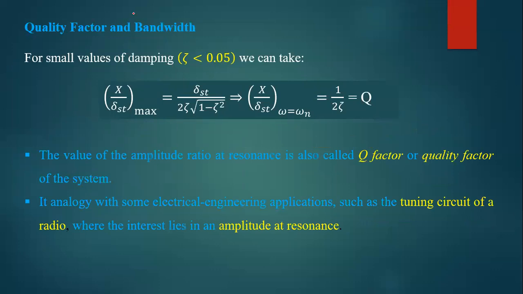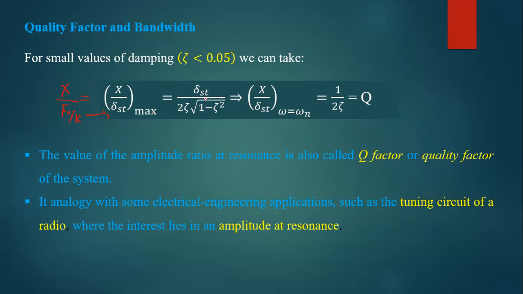When we talk about quality factor, we consider a small value of damping, for example zeta less than 0.05. Then x over x static, where f naught over k represents delta static, the static deflection of the system, is maximum for very small zeta.